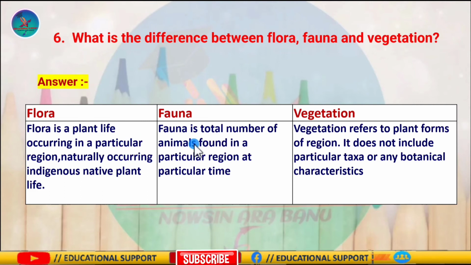But fauna is the total number of animals found in a particular region at a particular time. And vegetation refers to the plant forms of a region. Actually, it is a broad and general term used for plant forms which does not include particular taxa or any botanical characteristics.